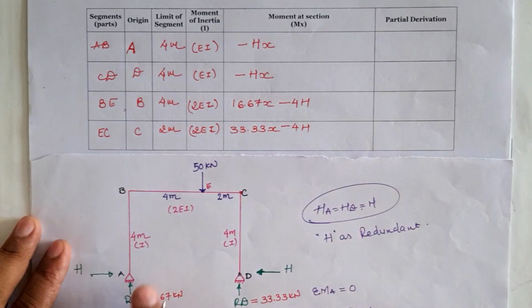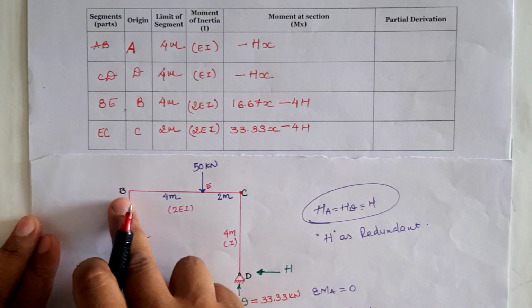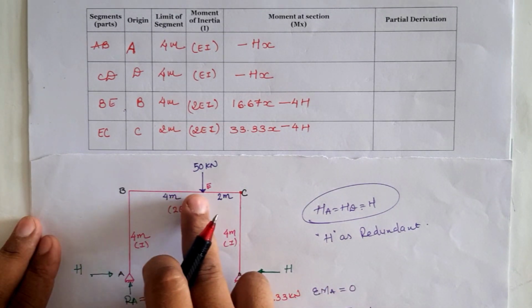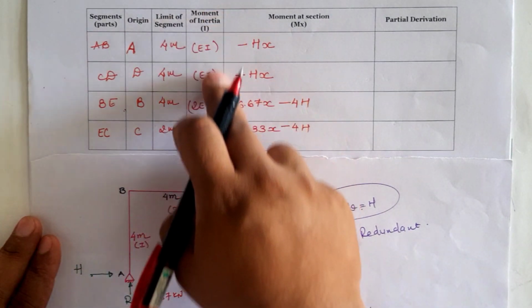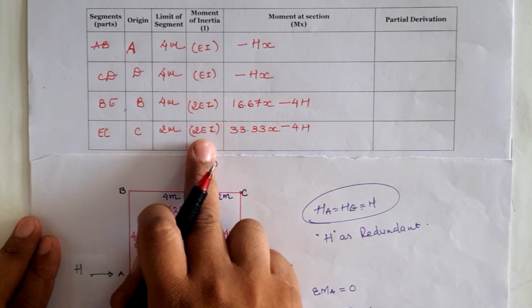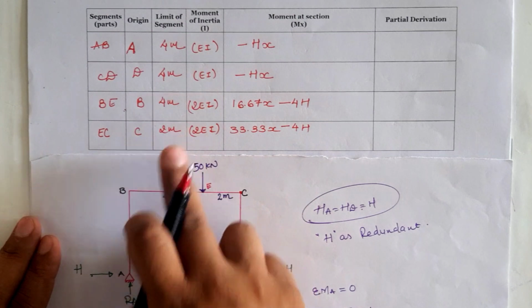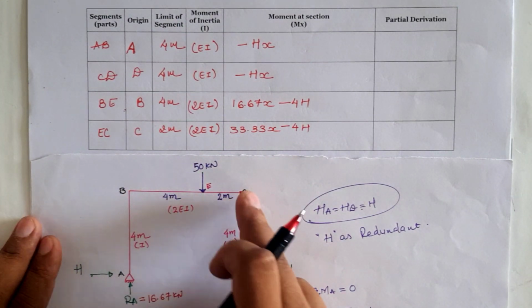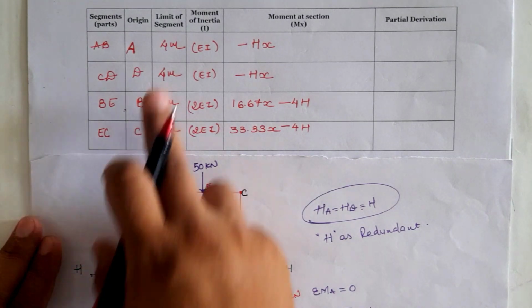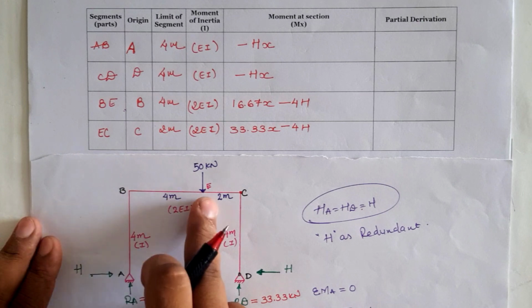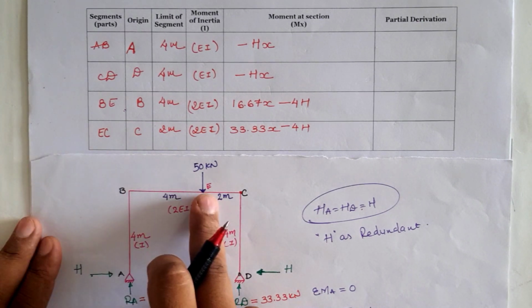Observing the given frame, we have A to B as I, C to D as I, and B to E and E to C as 2I, which is reflected in the moment of inertia for the BE and EC segments as 2EI. The limits of the segments are the segmental distances of the given frame: 4 meter for AB, 4 meter for C to D, 4 meter for B to E, and 2 meter for E to C.